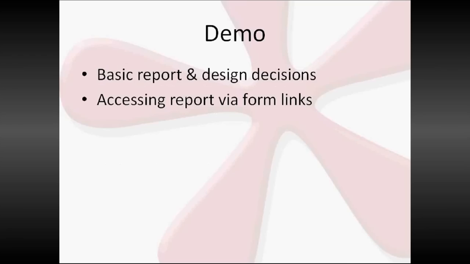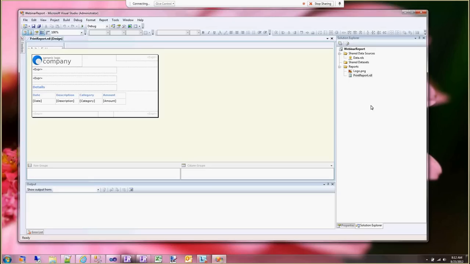So I'm opening up, this is for SQL 2008 R2. There is a difference in the capabilities available to you between 2005, 2008, and 2008 R2. And like most products, as their life cycle advances, you get more and better features, more and better bug fixes.